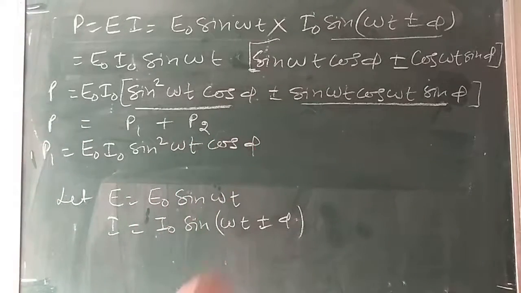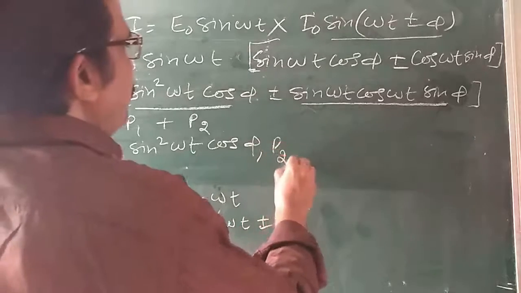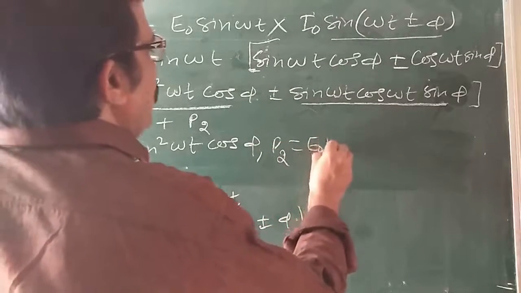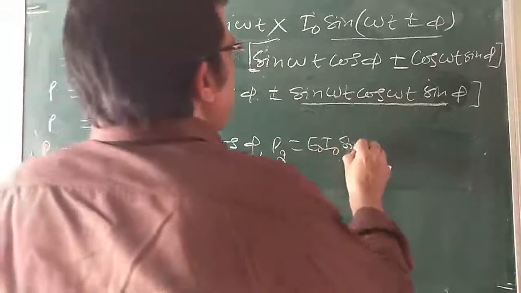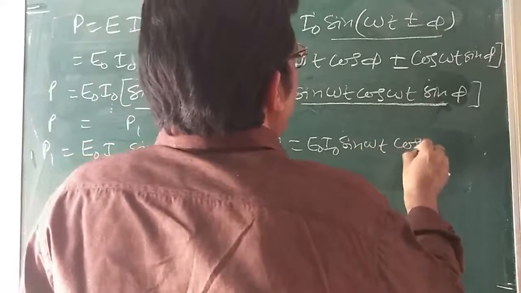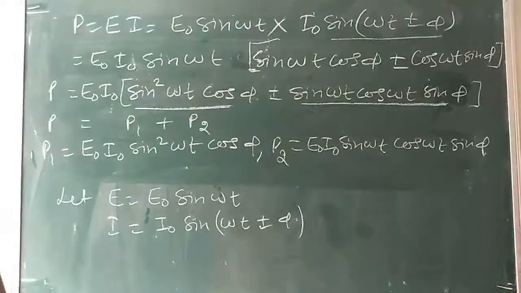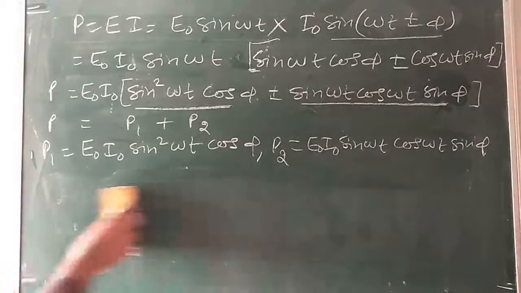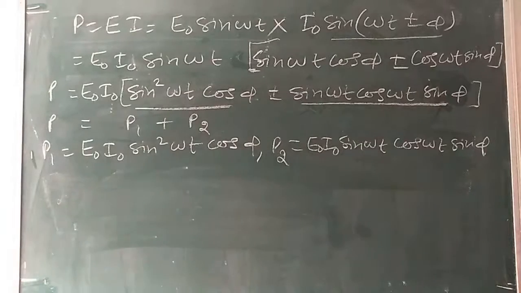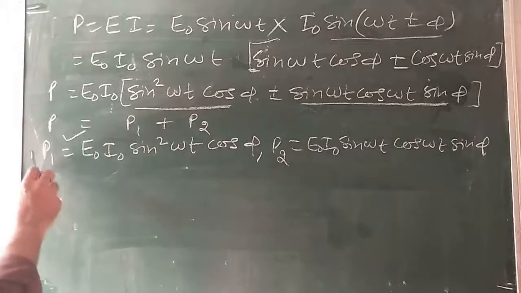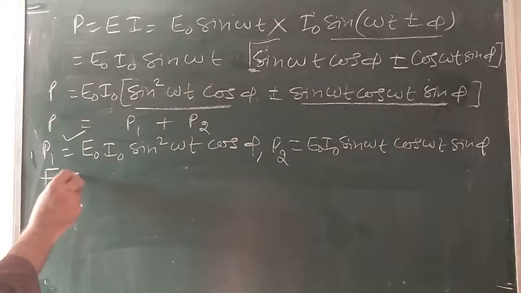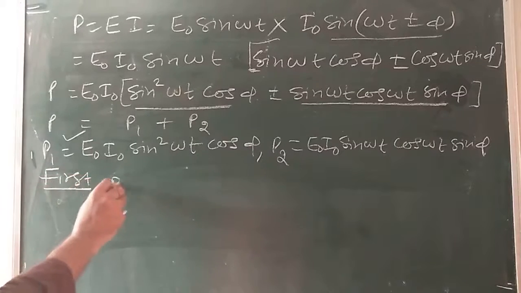Similarly, here I can write P2 is equal to E naught I naught sine omega t cos omega t sine phi. These are the two terms here, called P1 and P2. The first part of the power is this one. We can solve it first.